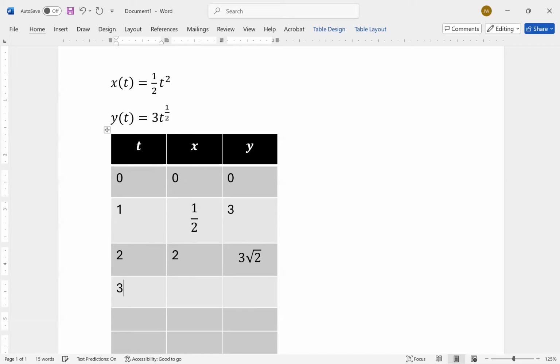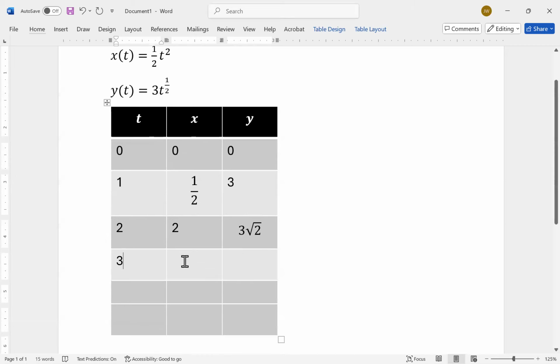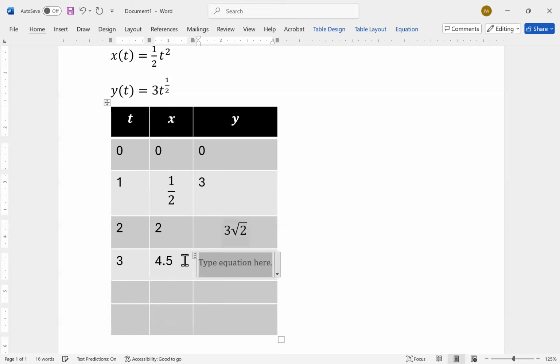I'll plug in a 3. 1/2 times 3 squared, so that's 1/2 times 9. That's what gets you your x value, which is 4.5. When I plug in 3, I get 3 times 3 to the 1/2 power, which is 3 root 3. So I'll write that out as 3 root 3.